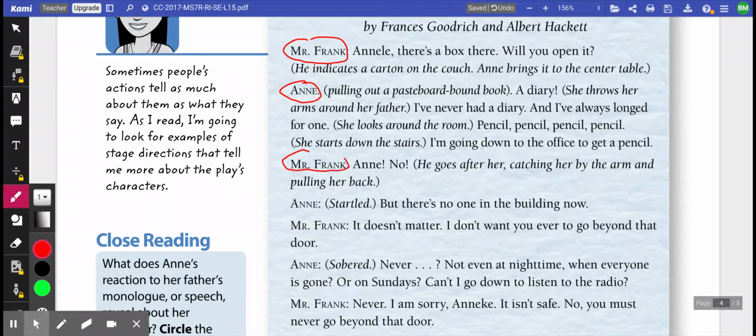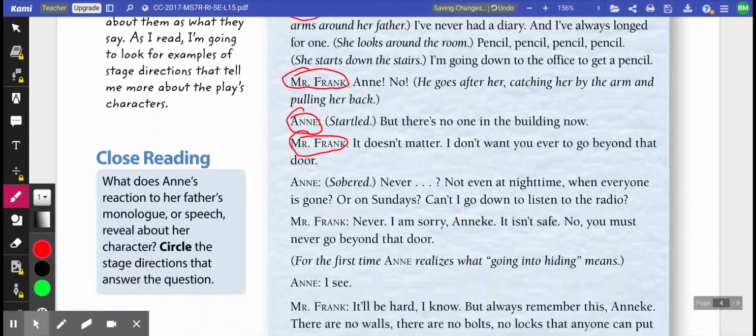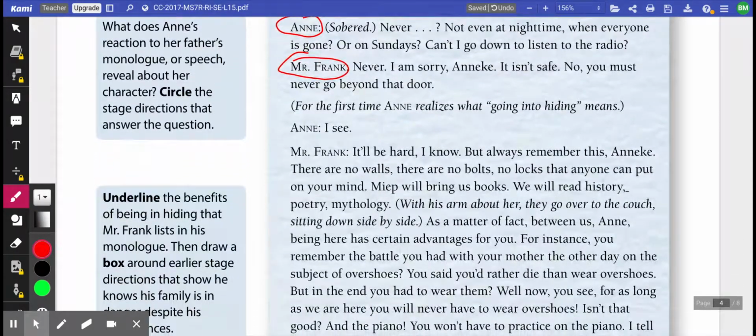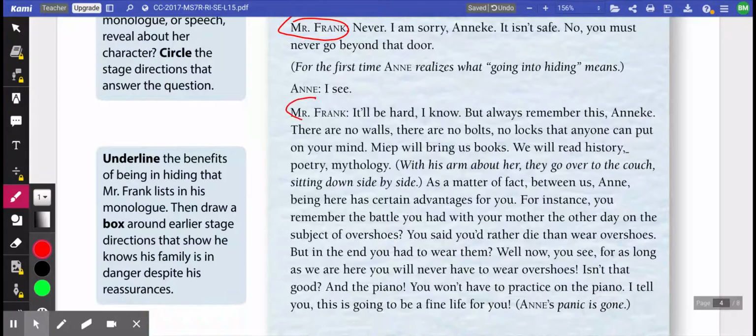Mr. Frank here and here. Mr. Frank here. So far, not a lot of talk, not a long speech. Anne here. Mr. Frank here. Still, we don't have a long speech yet. And oh, there we go. Here is my long speech. So this is my monologue.